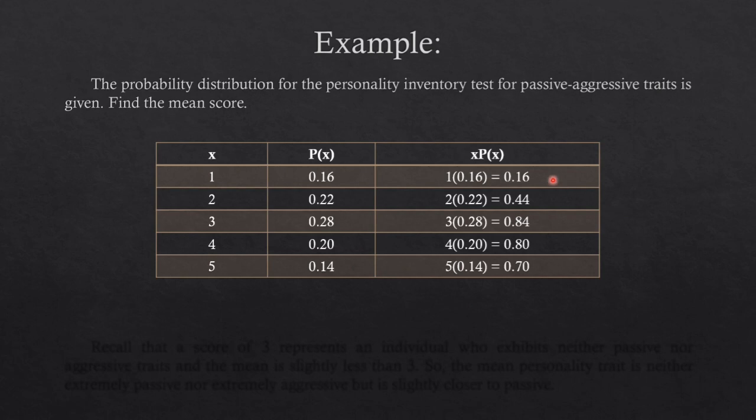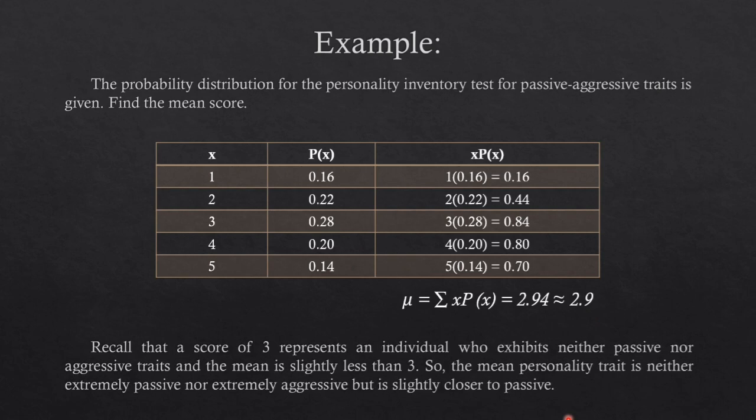The products are 0.16, 0.44, 0.84, 0.80, 0.70. So the mean is equal to 2.94, which is approximately 2.9.